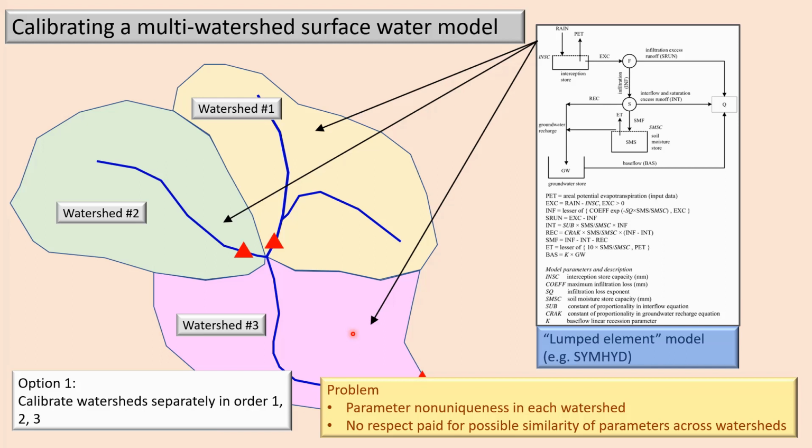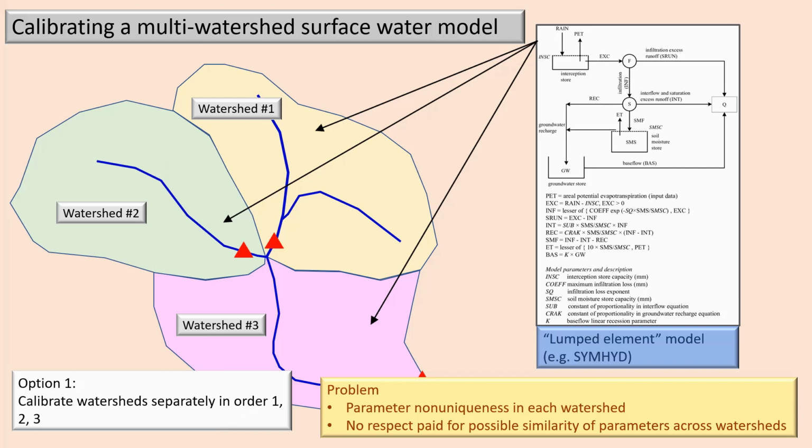And that information about the ordering between the parameters of the same type in different watersheds can only be brought to bear in the inversion process if those watersheds are calibrated simultaneously. Now this requires estimation of a lot more parameters than if they're calibrated individually, but PEST doesn't care because of its sophisticated regularization functionality.